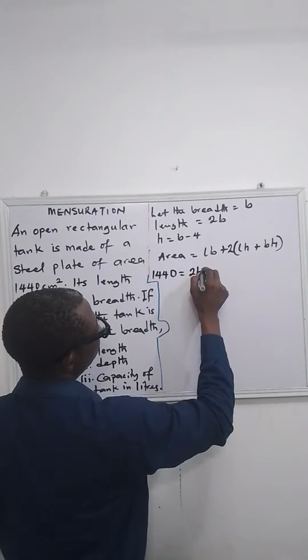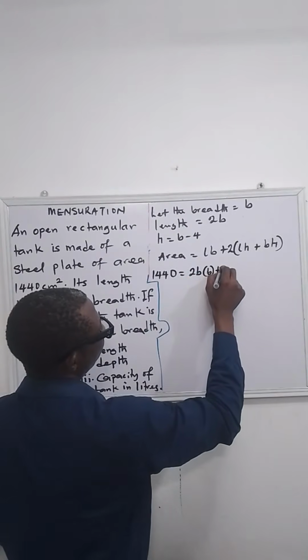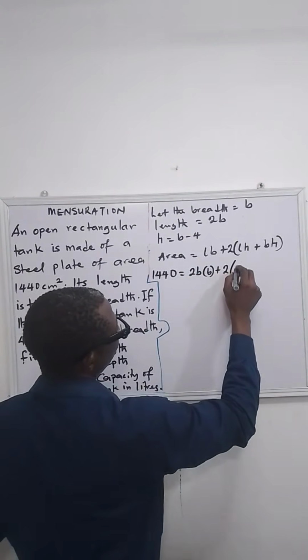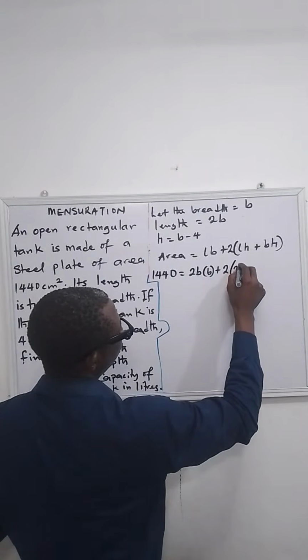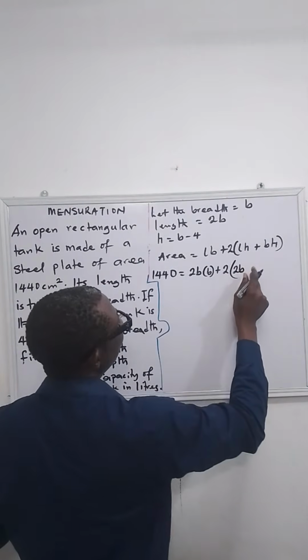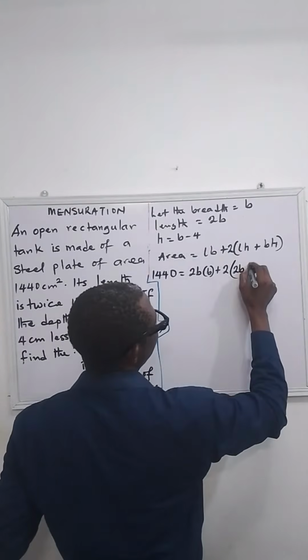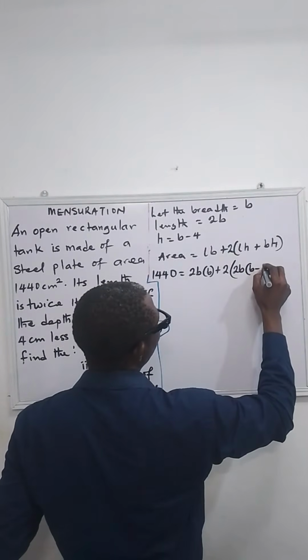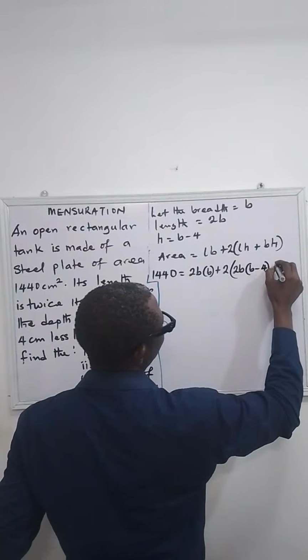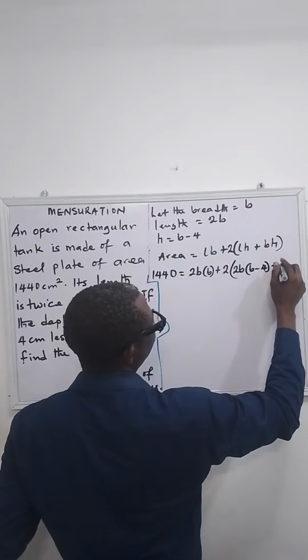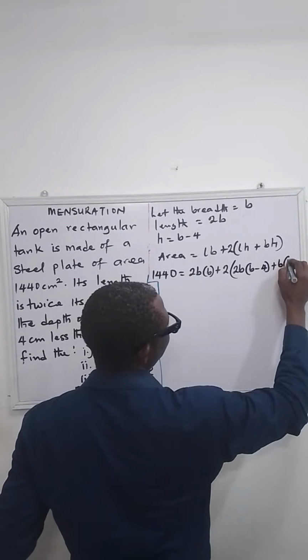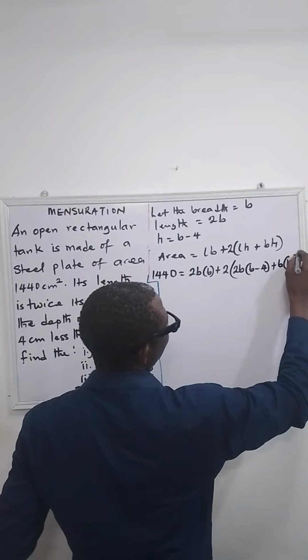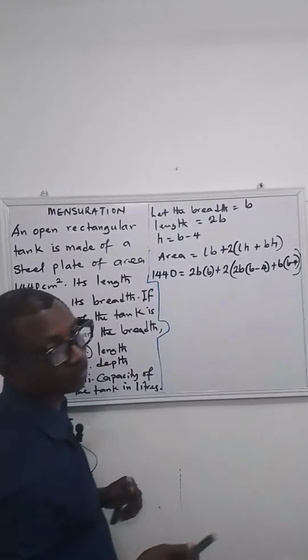We have 2b times b plus 2 open bracket 2b, which is the length, times the height. What's the height? We have b minus 4. Plus the breadth times the height, b minus 4. So that's what we have there.